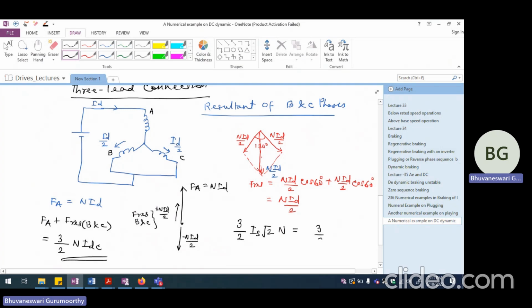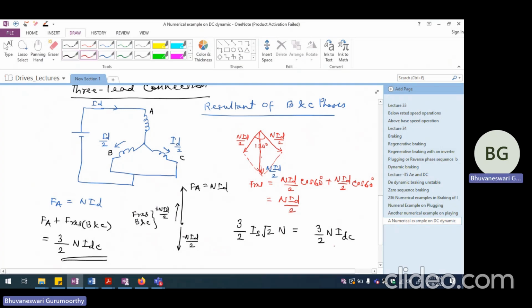So what we are looking at is what kind of AC current, per phase AC current on the 3-phase side, if it is a balanced 3-phase supply, will develop the same strength MMF as that of the 3-lead connection in the case of DC dynamic braking.